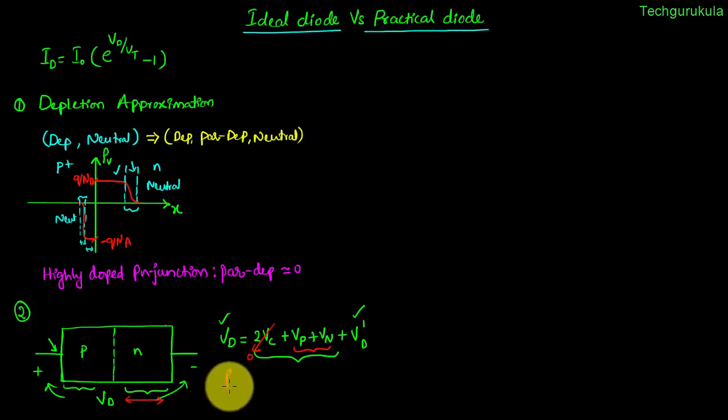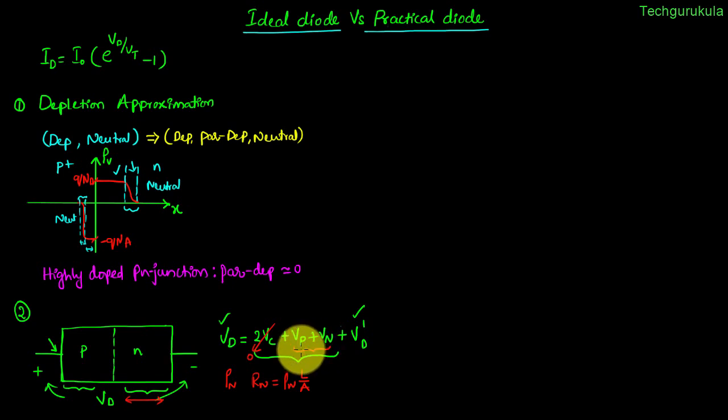If you know the resistivity on N side, we can find Rn, which is rho n times L over A. This resistance cannot be neglected. And similarly for Rp, the resistance on P side. When current is flowing, there would be a finite potential drop on the neutral regions of P and N.